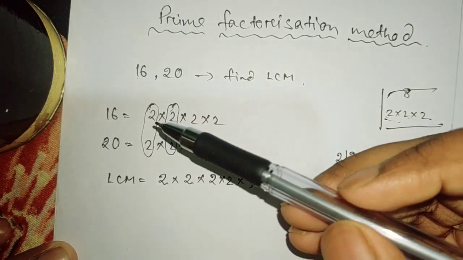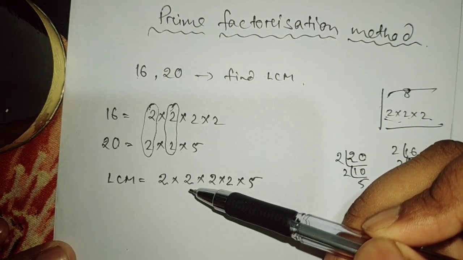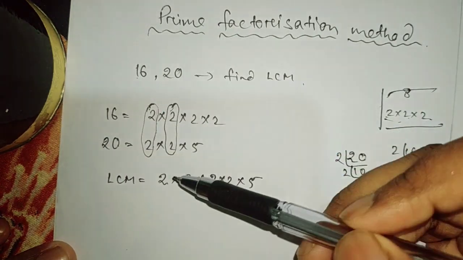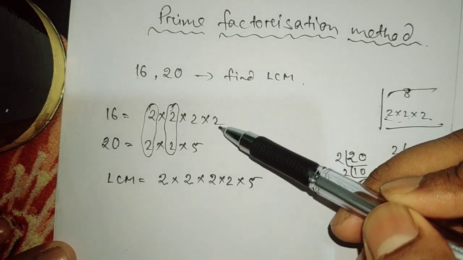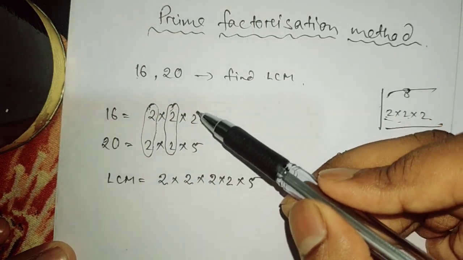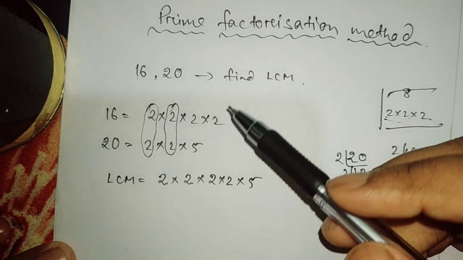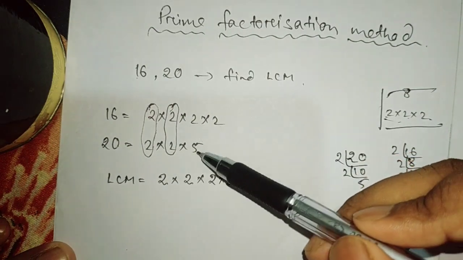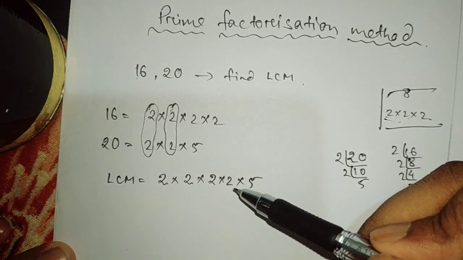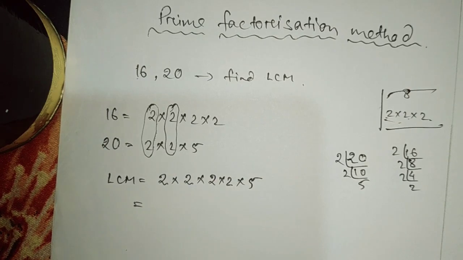What we have done is take the common pairs first, like in HCF. Once the common pairs are finished, whatever numbers are left, we write them here. In this case 2, 2 and 5 were left, so we have written 2, 2 and 5. Now you just multiply.